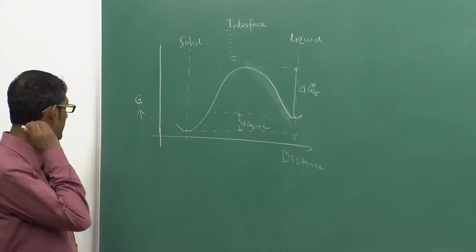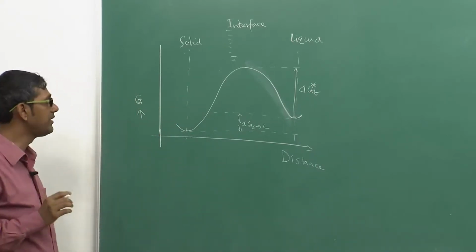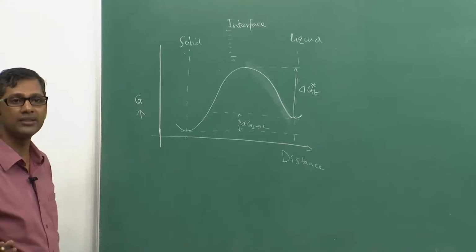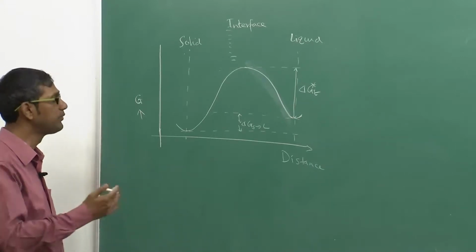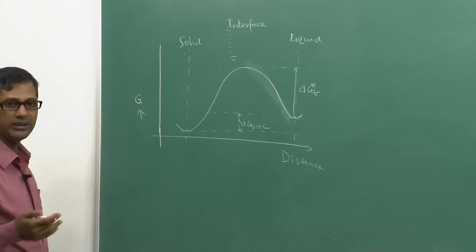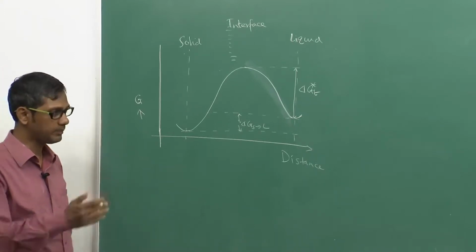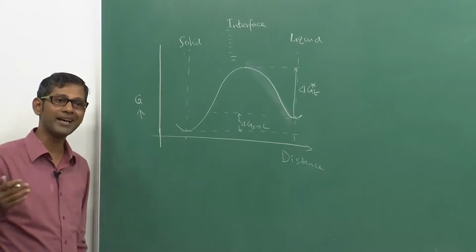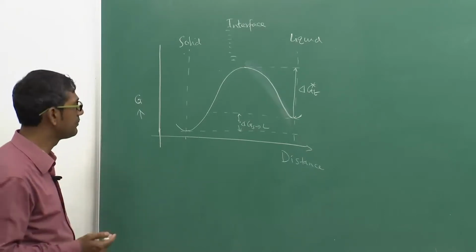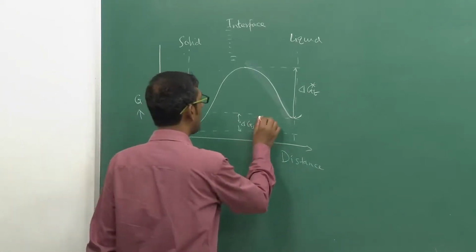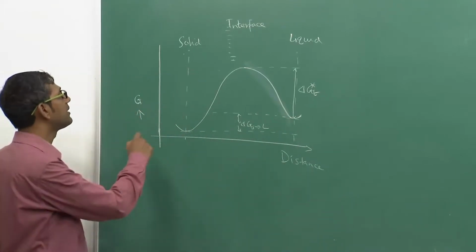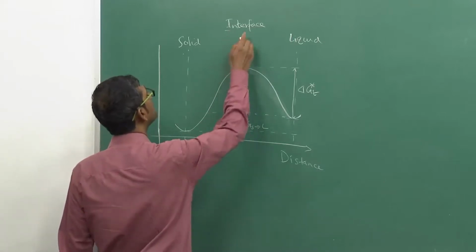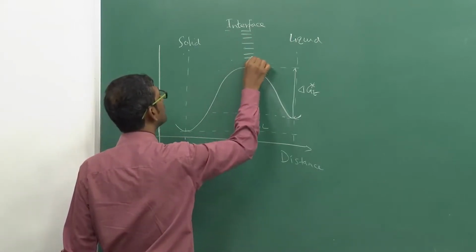What does it mean? It is like grain boundary migration, or atoms moving from one place to another, a diffusion. Solidification can be considered as atomic migration from the liquid to solid, one kind of diffusion, but not only diffusion. So this is an activation control process.